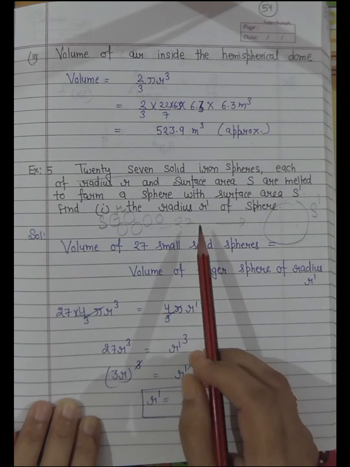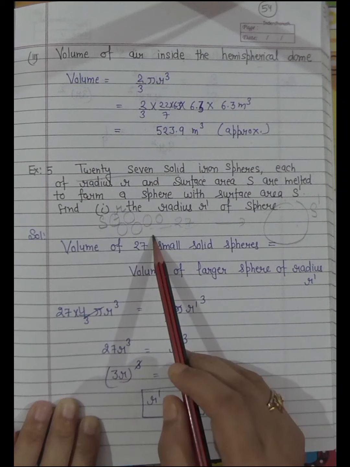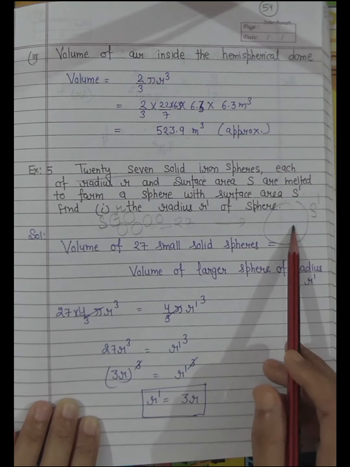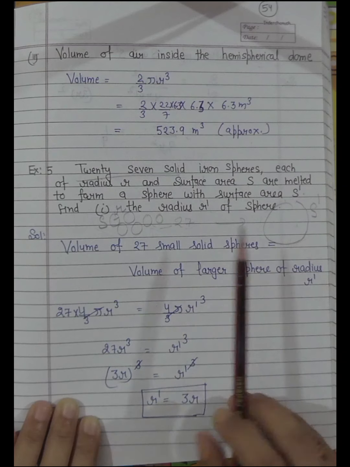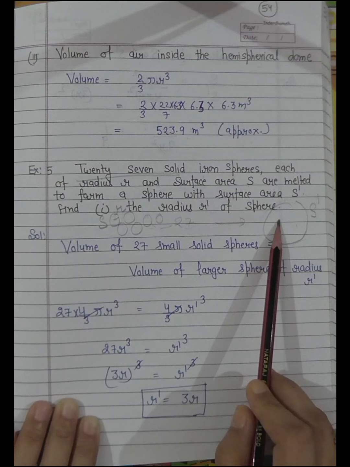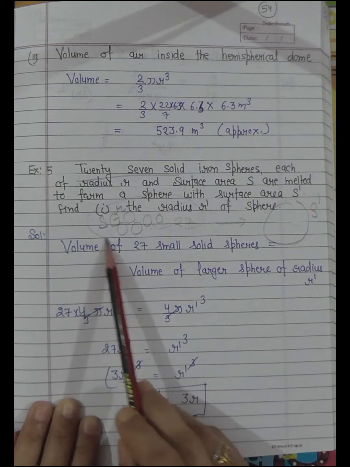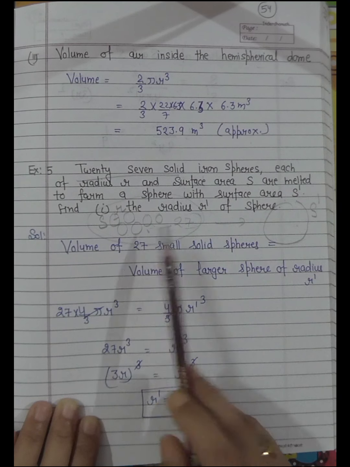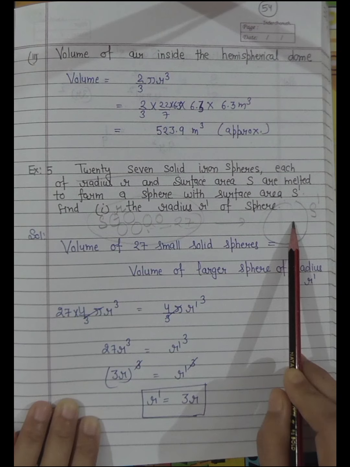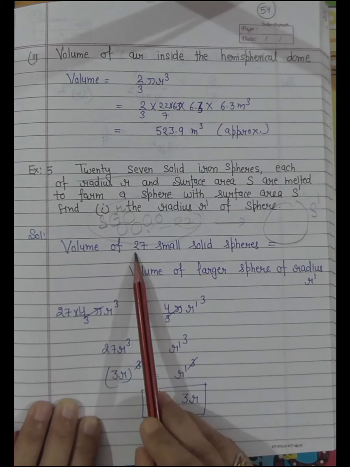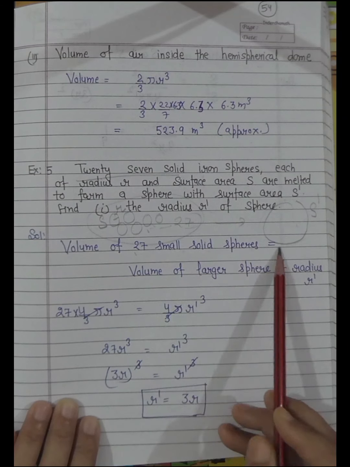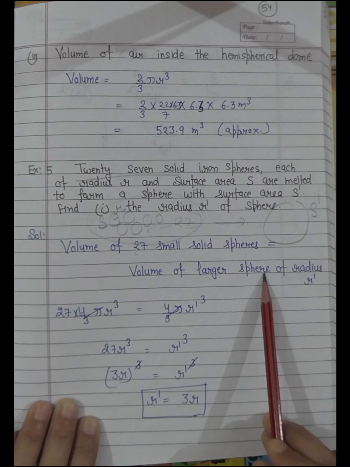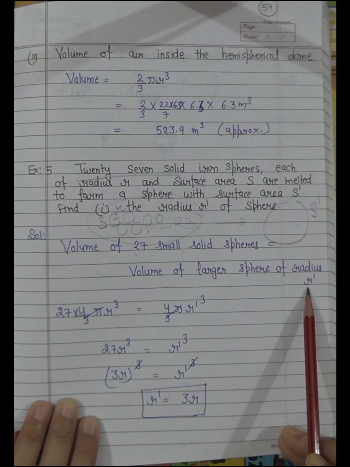When we melt any solid and convert it into another solid, then the volumes will remain the same. It means the volume of 27 spheres will be equal to the volume of the bigger sphere. So the volume of the 27 small solid spheres will be equal to the volume of the larger sphere of radius r dash.